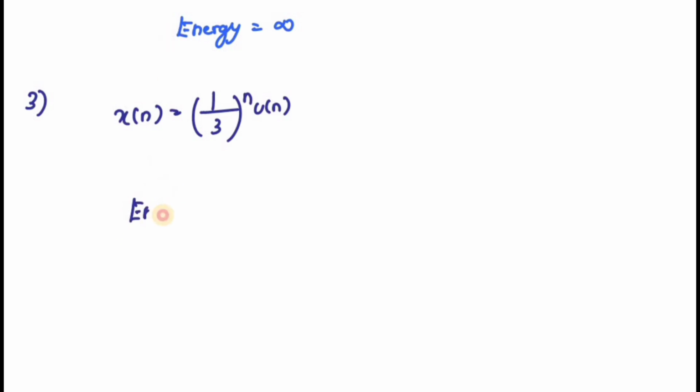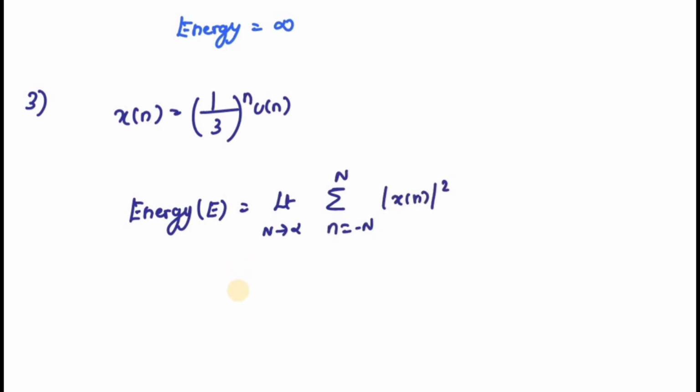The energy formula is E equal to limit n tends to infinity summation n equal to minus n to n of x of n the whole square. So limit n tends to infinity summation n equal to minus n to n 1 by 3 of 2n. Since it is u of n, you have to substitute this as equal to 0.